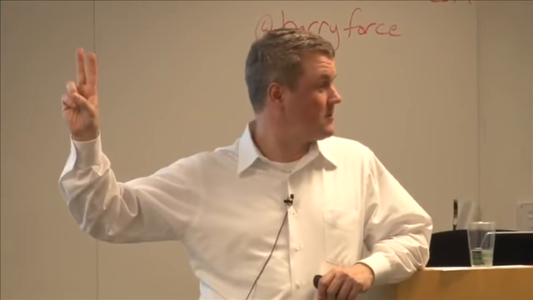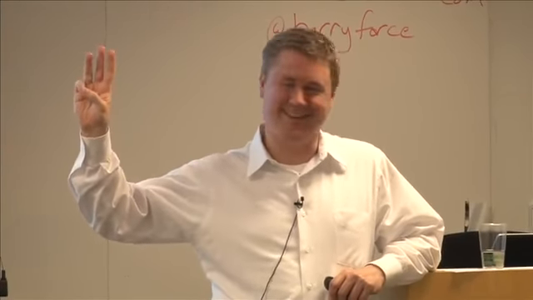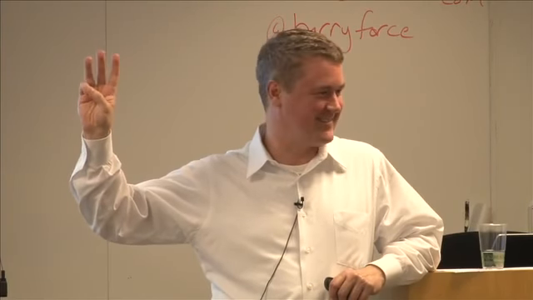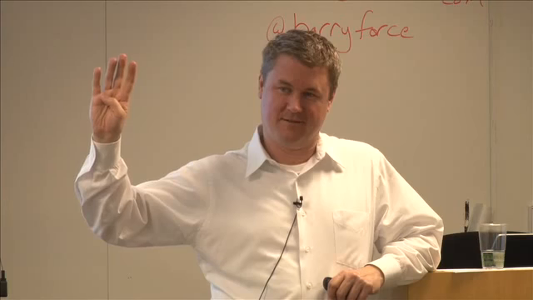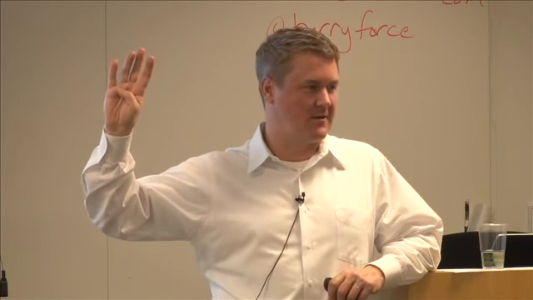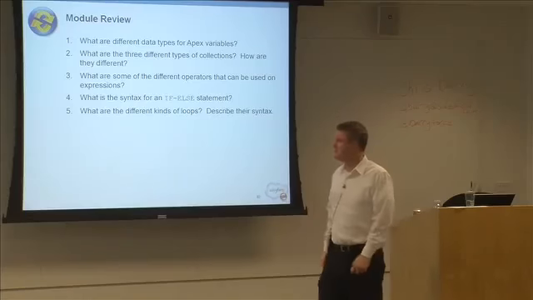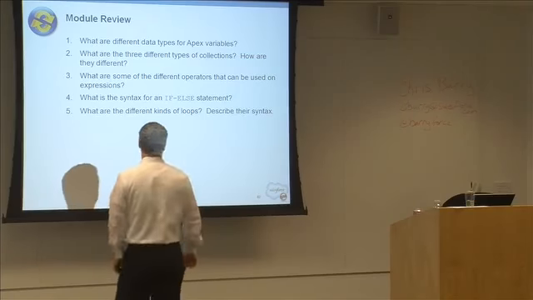Null, okay, I'll take that. Collections, very good. What about data types that you might create on your own? Custom classes. If you create your own classes, that's a data type. All right. Enumerated lists is another one.